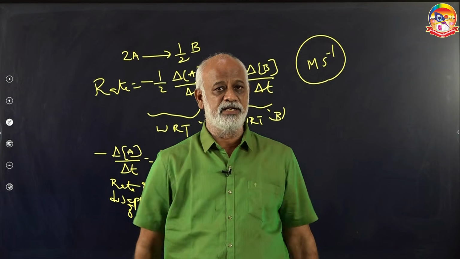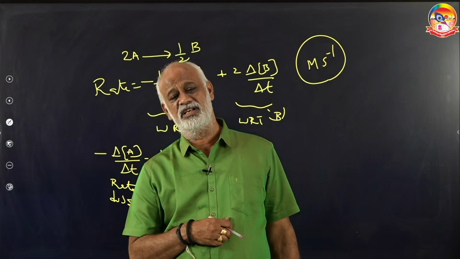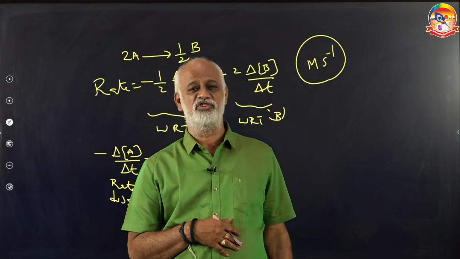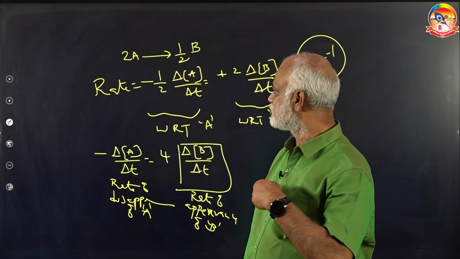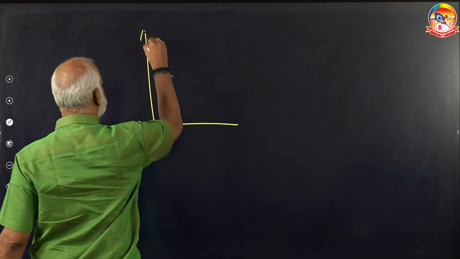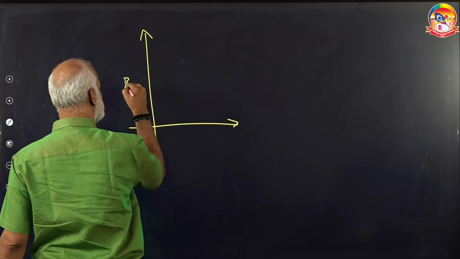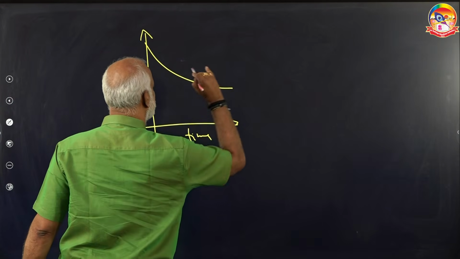Now you got an idea about rate. Then the question comes, sir, I am just listening about average rate, instantaneous rate, how to differentiate between them, what is the difference? To know that, suppose you take reactant's concentration with time, you have a reaction like this.